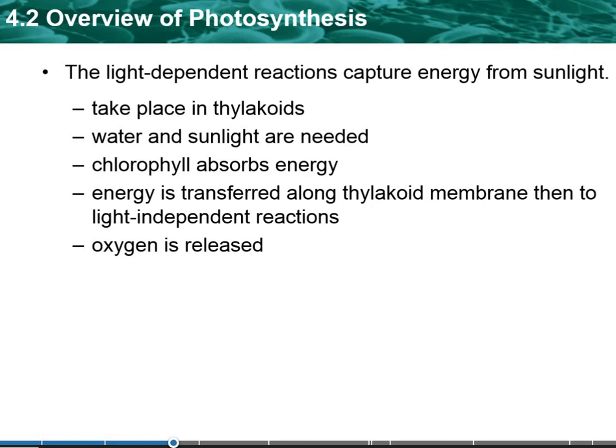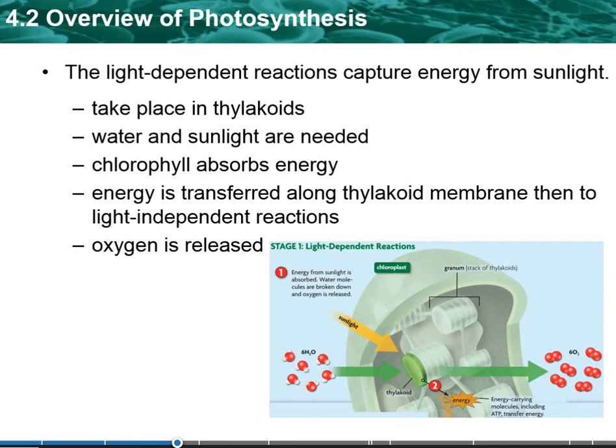So we are going to be able to get oxygen at that point in time. That oxygen comes from ripping apart water molecules, and the oxygen is going to be waste that's released by the plant. So that's going to be where all of the oxygen that we breathe comes from, that first stage of the light dependent reaction.